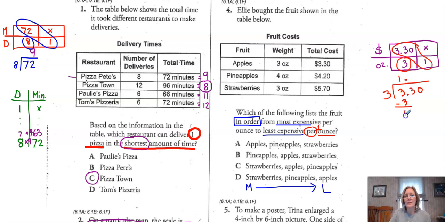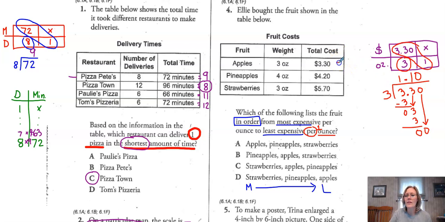Then we drop and divide again. 3 will go into 3 once. See how I already have the decimal placed? 1 times 3 is 3, and that's 0. But we do have another drop here, so I need to drop that. If you ever do a drop, you have to divide. 3 doesn't go into 0, so we say 0 times.